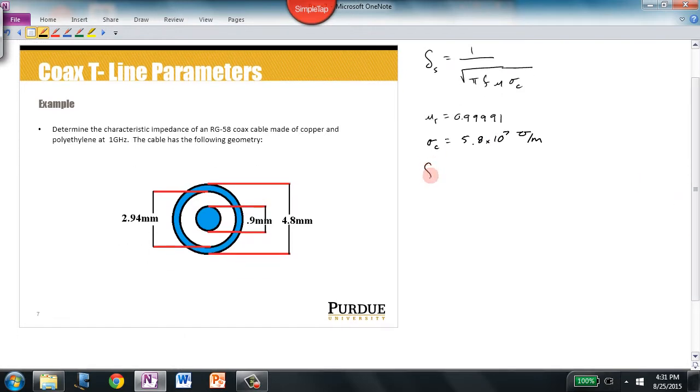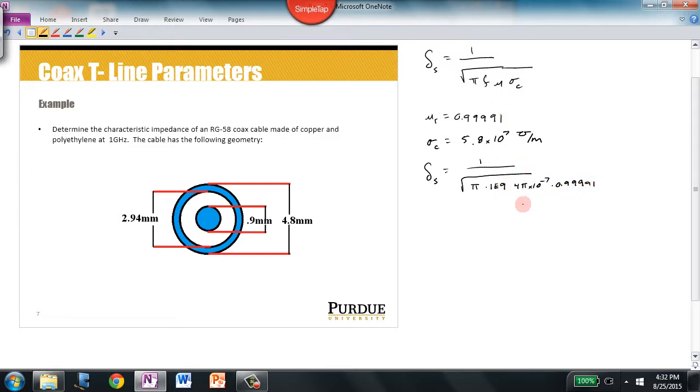If you're using the textbook, those both can be found in Appendix E. So we can now determine skin depth. That's equal to 1 over the square root of pi times 1 gigahertz, that's 1 times 10 to the 9th. Mu is going to be 4 pi times 10 to the minus 7 times 0.99991.